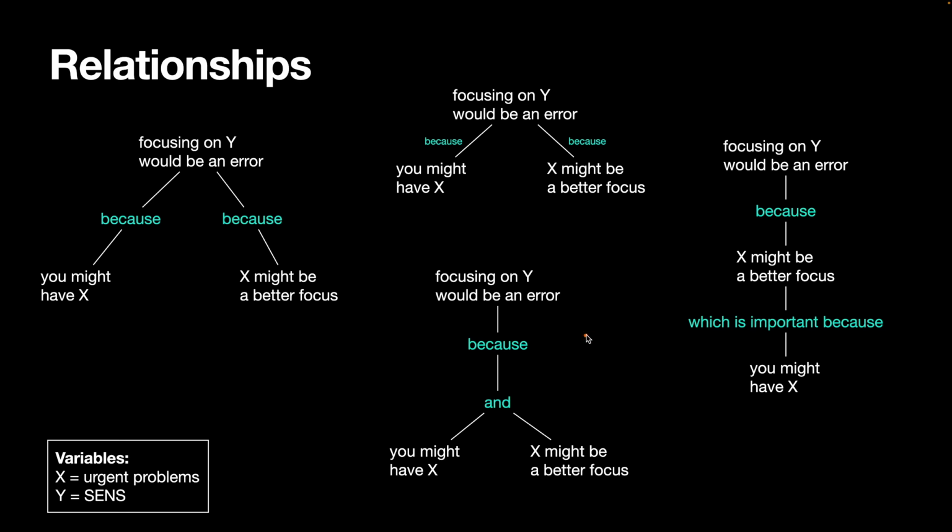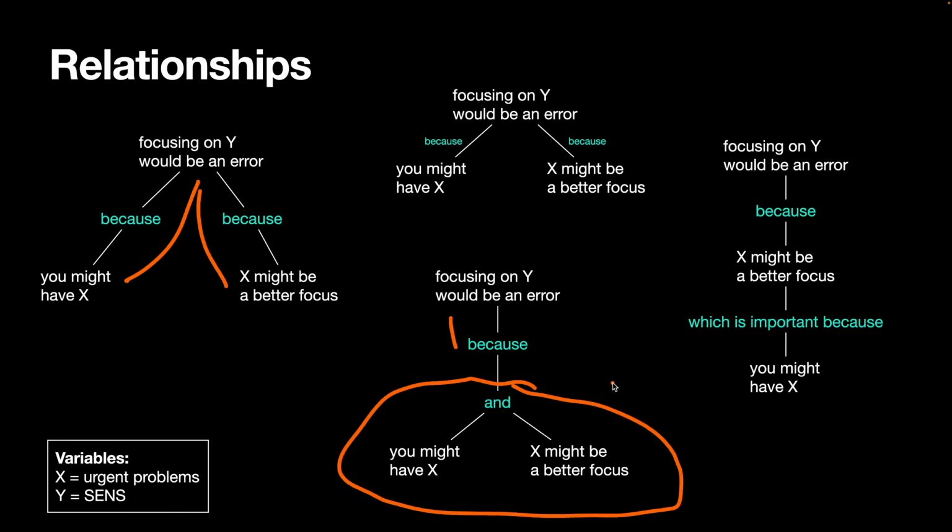So it's also showing here different potential ways to look at the tree. So do we have a conclusion that is because the first thing and also because the second thing? Or do we have a conclusion that is because the group of 2 things? Or is it because one of the things and then there's actually a sub-relationship.